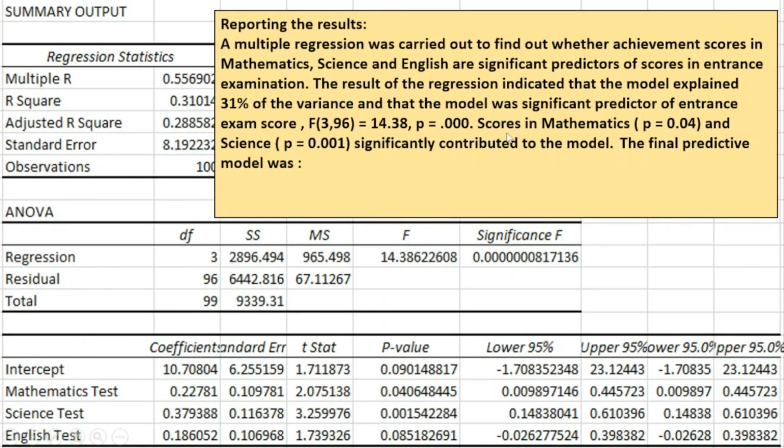The scores in mathematics and science significantly contributed to the model because math and science here are significant predictors. So the final predictive model is this: 10.71 plus 0.023 times the score in mathematics plus 0.38 times the score in science. All right, so that's how you present the multiple linear regression results in your research paper.